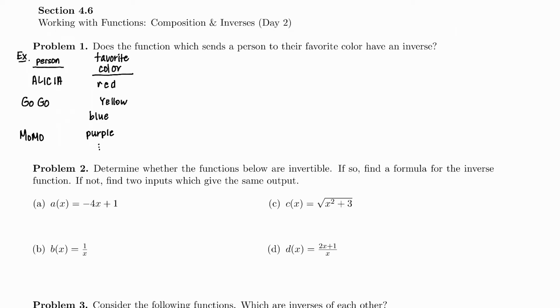Okay, so I asked Gogo and Momo what their favorite colors are, and I found out the following. Gogo's favorite color is yellow. So I'm going to send Gogo to yellow.